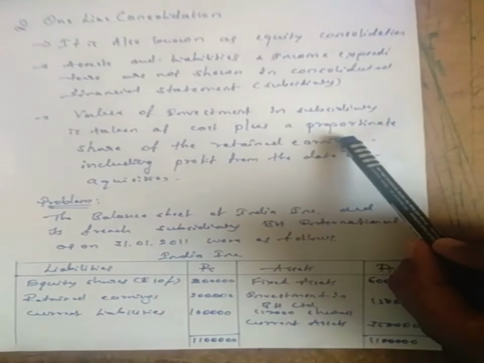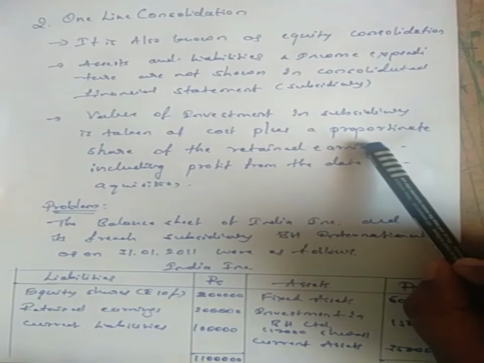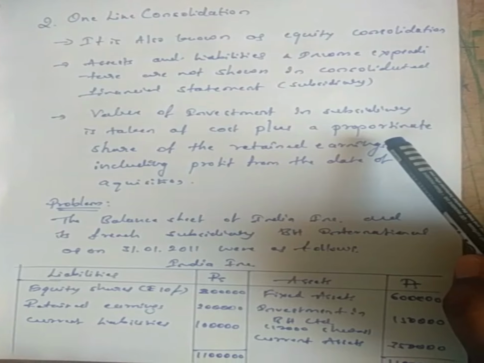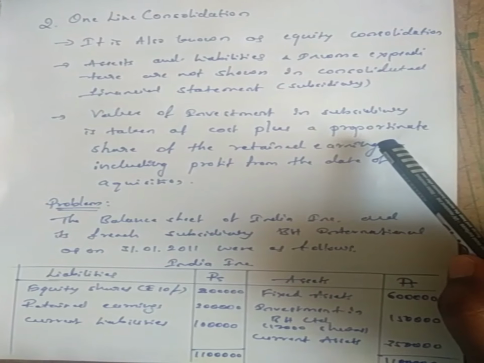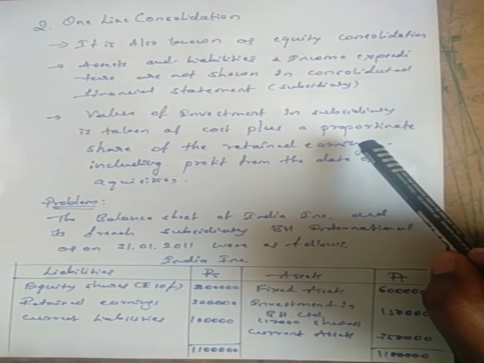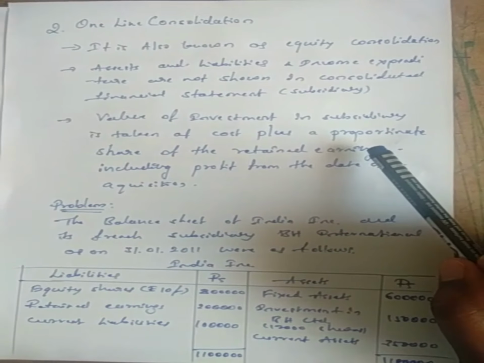And the second condition: the value of investment in the subsidiary is taken at cost plus a proportionate share of retained earnings, including profit, from the date of acquisition. This is the second condition. Means first we need to calculate the retained earnings, the value of investment, a proportionate profit of retained earnings.